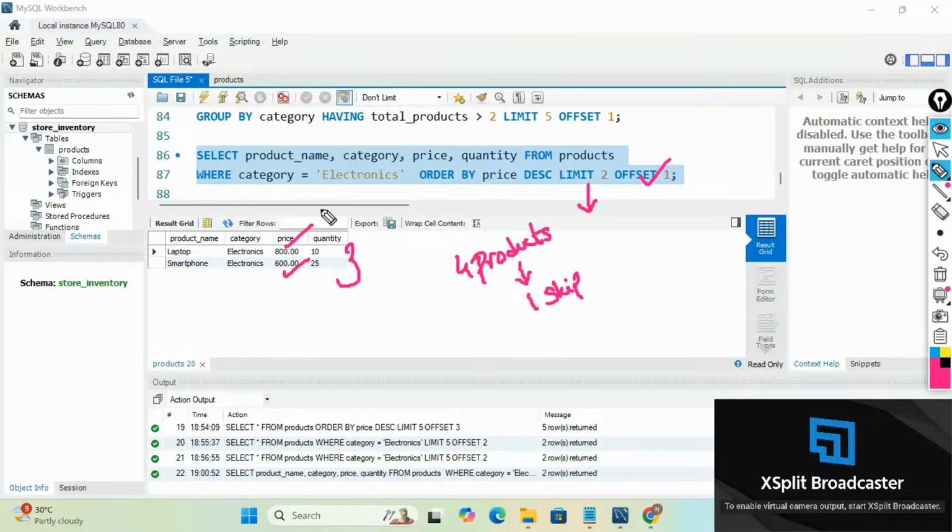Now, you can also make these queries by including the having clause and group by clause. Whenever you are using group by, and you want to apply a filter on the grouped data, for sure you have to include having. So you can have all the clauses in a single statement, that is, in a single query.